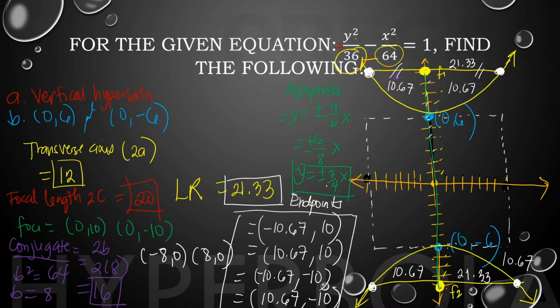And then, lastly, yung eccentricity. So, eccentricity is equal to c over a. So, yung c natin is equal to 10. Then, yung a is 6. So, eccentricity is equal to 5 over 3.